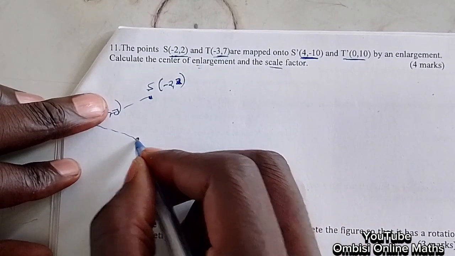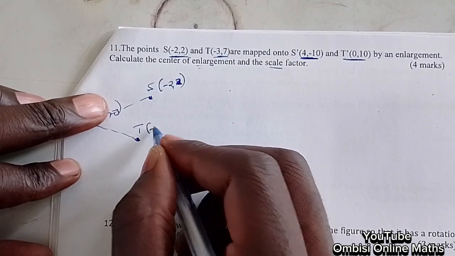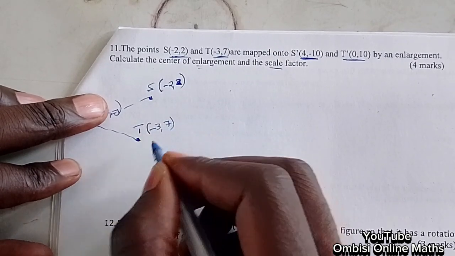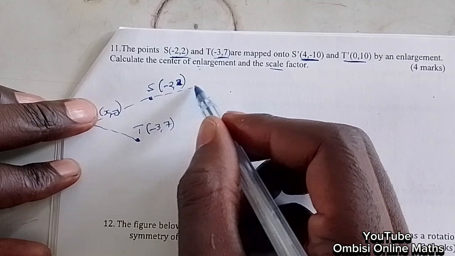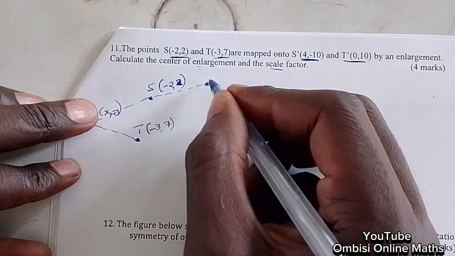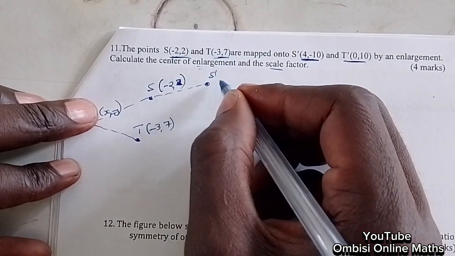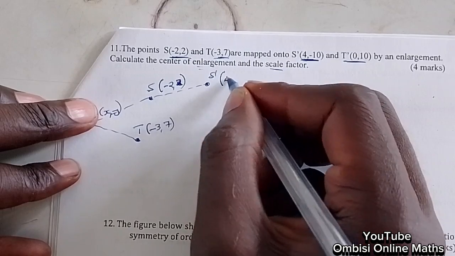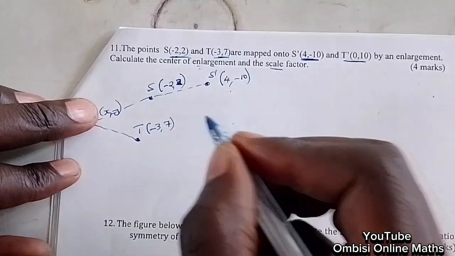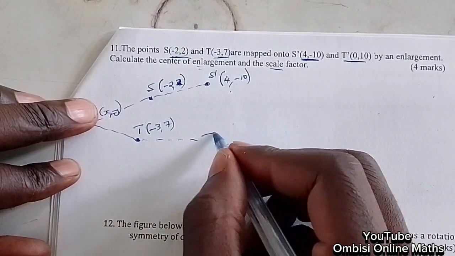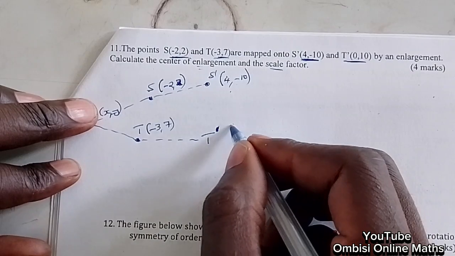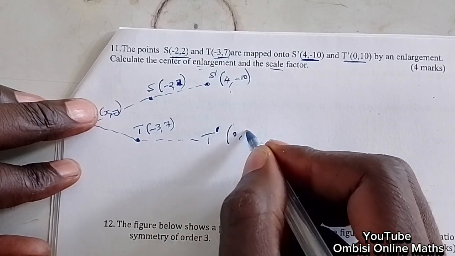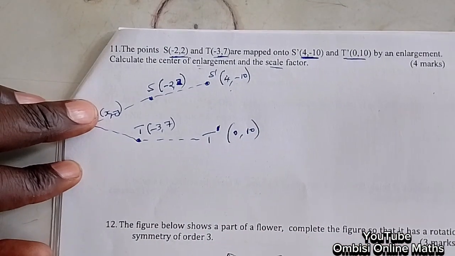Then there is a point T, which is (-3, 7). Now, this point was enlarged to form S prime, which is (4, -10). And this one was enlarged to form T prime, which is (0, 10).